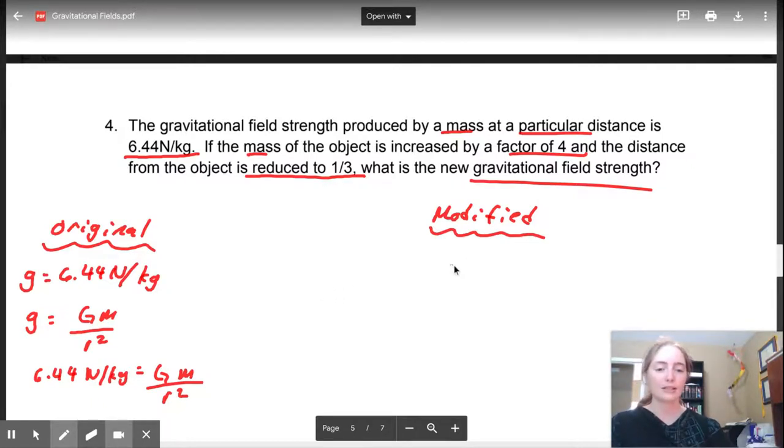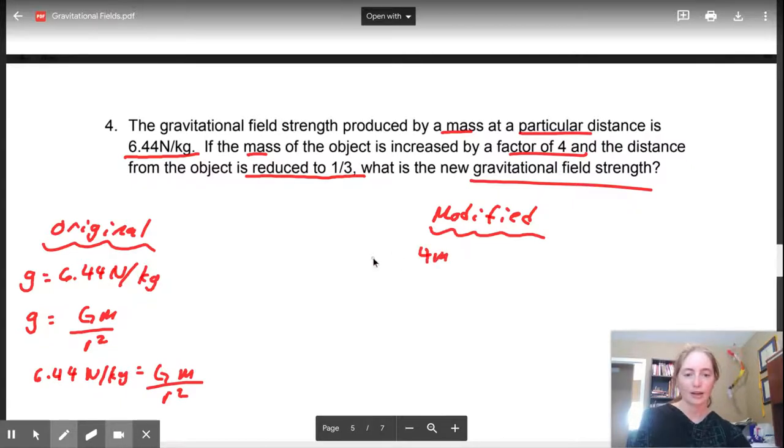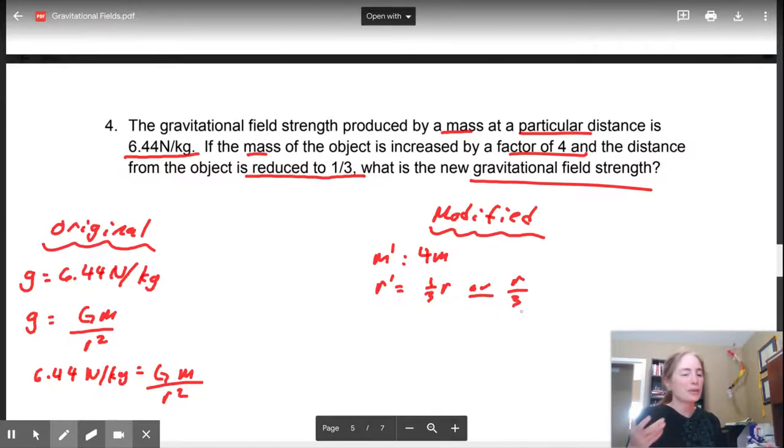So what this tells us is that our m prime is equal to 4m, and our radius prime, so our modified radius, is either equal to 1/3 r or r over 3. Doesn't really matter which one you use, your results are going to be the same.